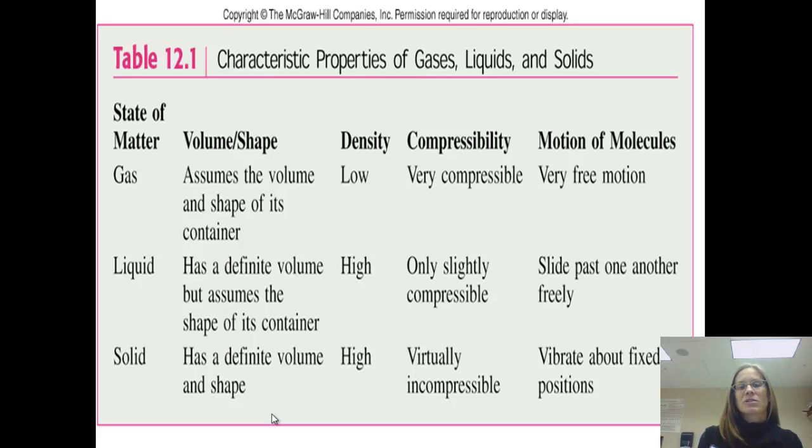Because it takes the shape of its container, if I were to compress that container, let's say that gas was inside of a syringe, I could compress that, and the gas would then assume the shape of that new volume. And the motion of the molecules is very free. They are very high speed and moving all over the place and just bouncing off of objects.